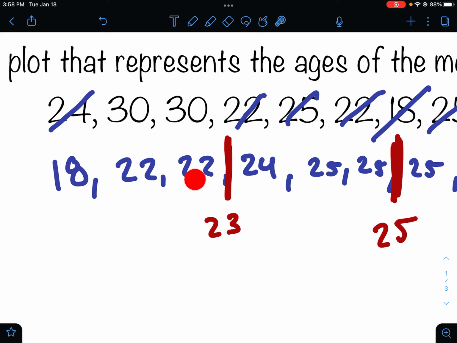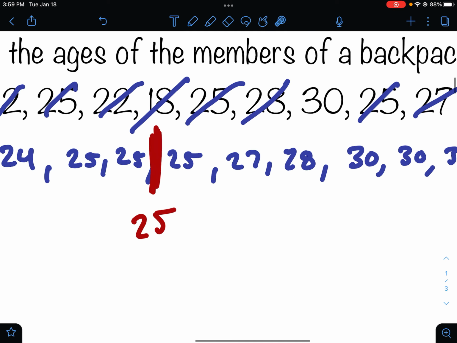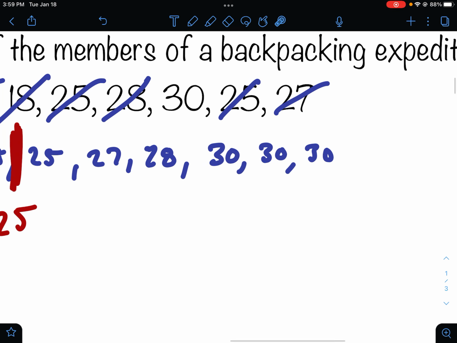This one was pretty easy. The number between 22 and 24 is going to be 23, but sometimes there's a bigger range here, and it might not be so easy to figure out. So the easiest thing to do would be to add these and divide by 2. Then we move over to the right-hand side. On the right-hand side, again, 6 numbers, so it's going to fall in the middle between 28 and 30, so we can add those up and divide by 2, or just know that the middle of 28 and 30 is 29.